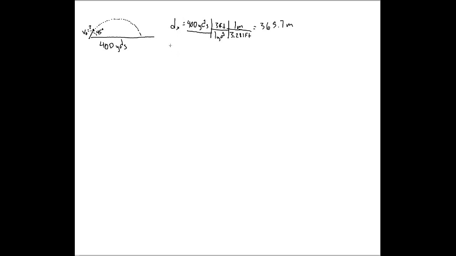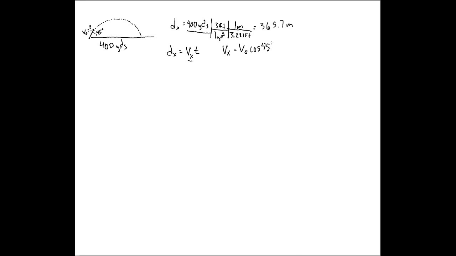So we all know that dx, or our distance in the x direction, equals our velocity in the x direction times time. Well, we don't know how long the arrow is in the air, and we also can't find Vx because we don't know V naught. But we do know that Vx is V naught cosine of our angle.